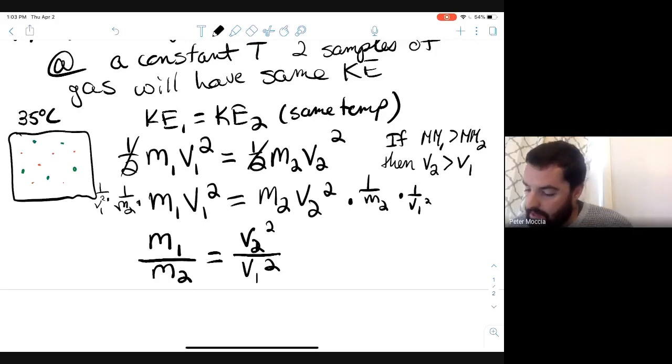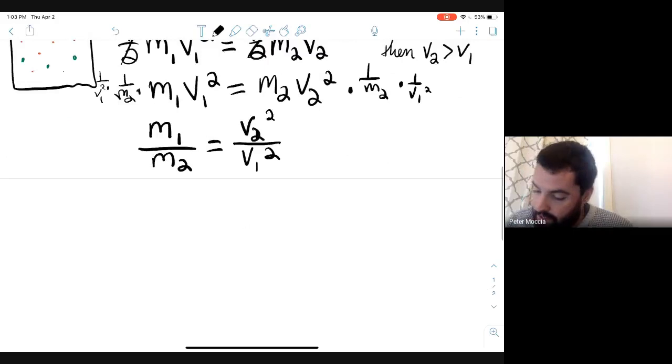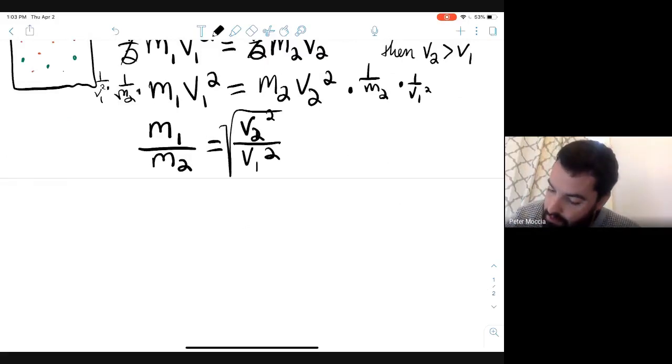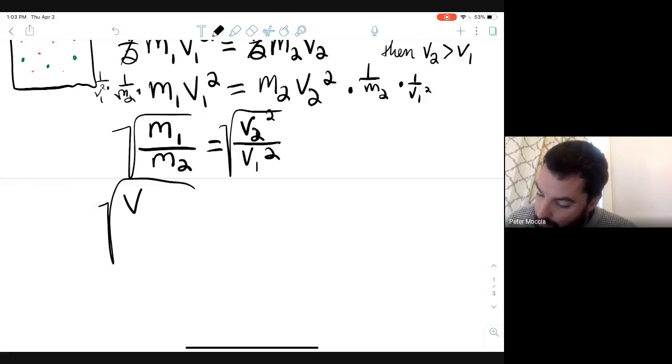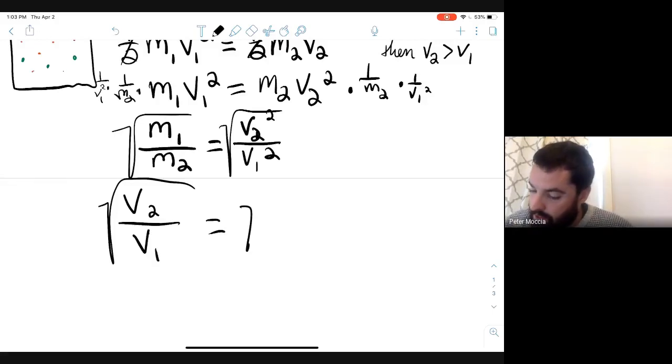So then, to simplify this equation, I can take the square root. These are squared, so v2 over v1 is equal to the square root of m1 over m2.